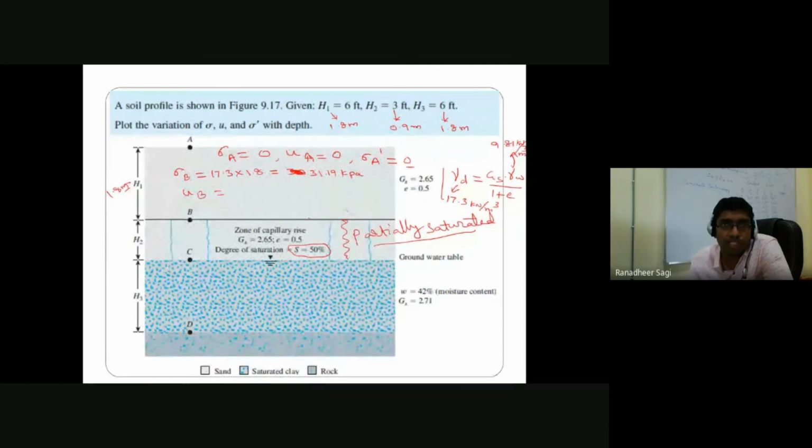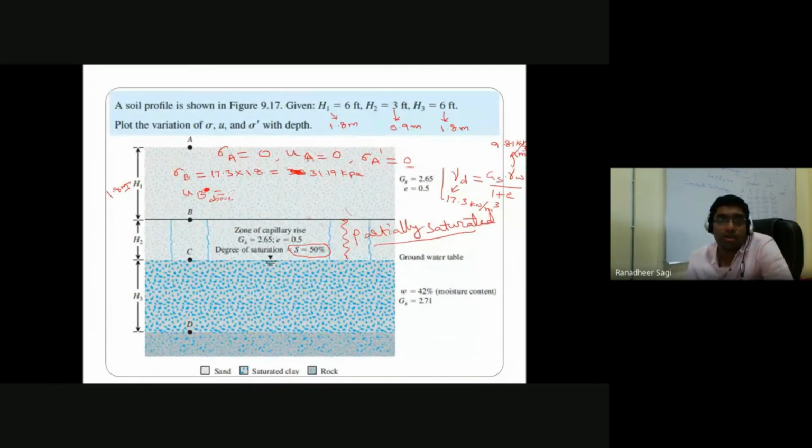So this pore water pressure, what I am trying to talk about. Pore water pressure at point B, above.